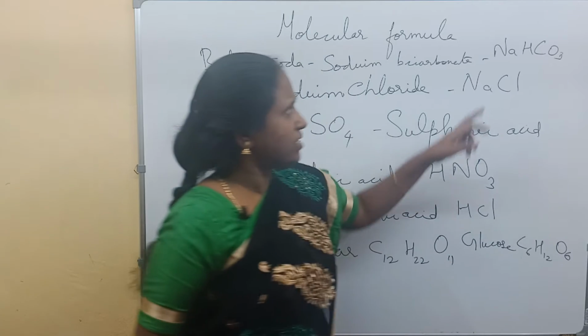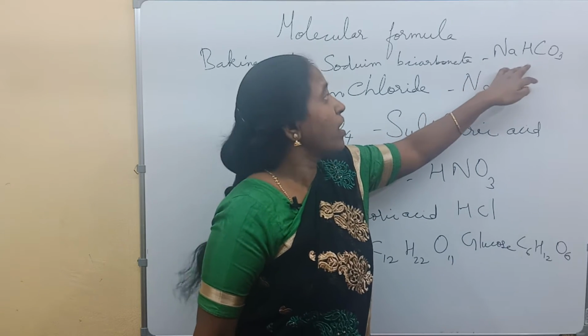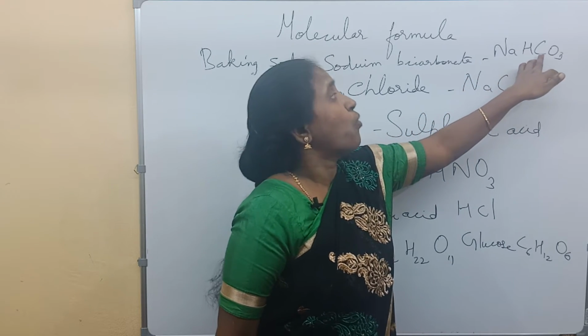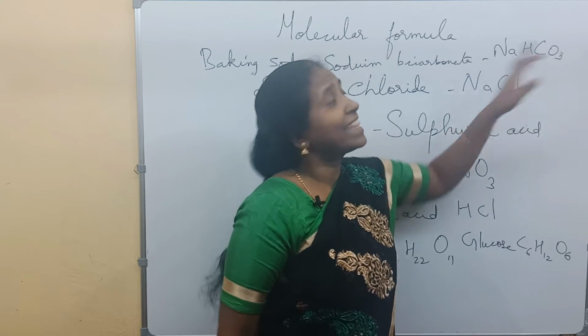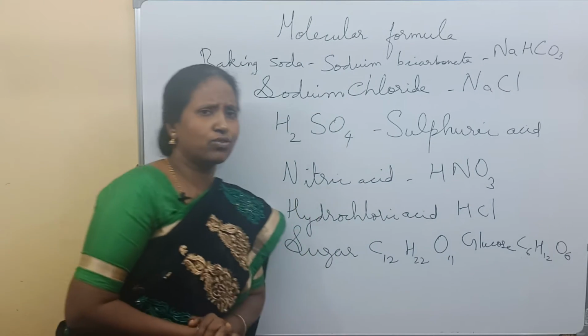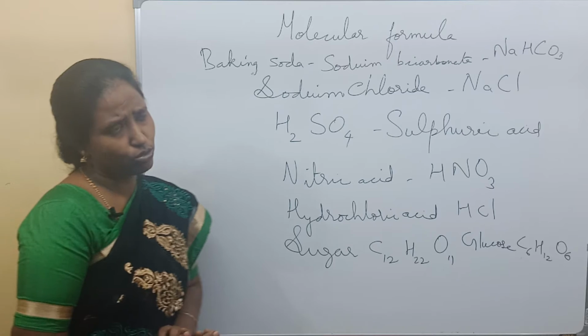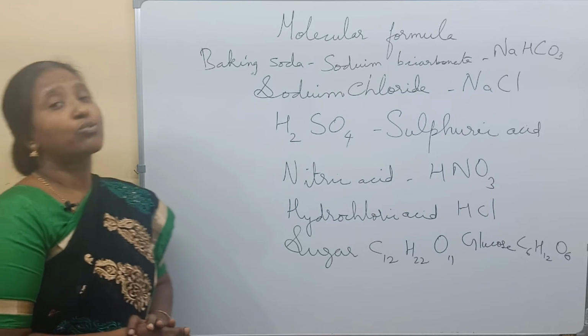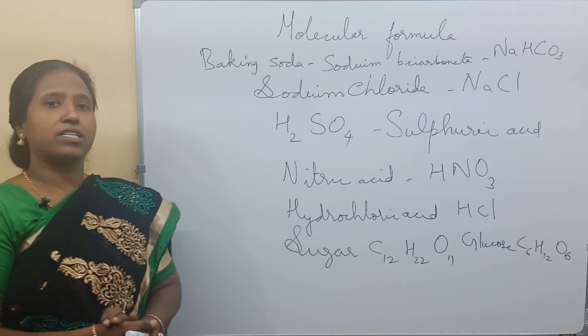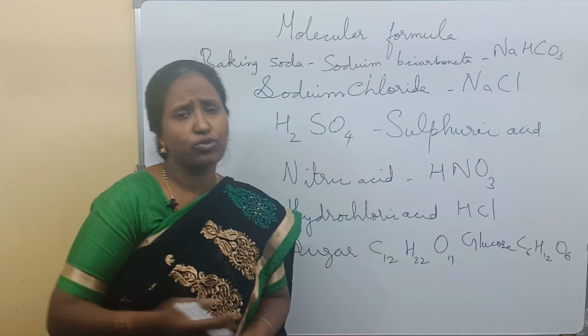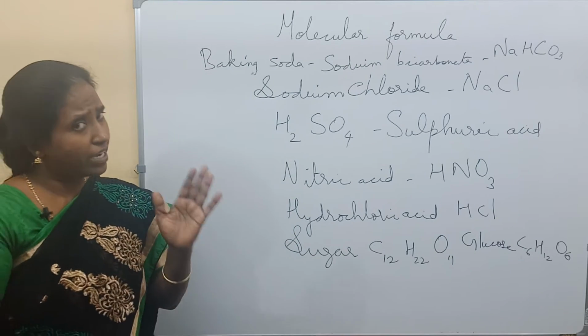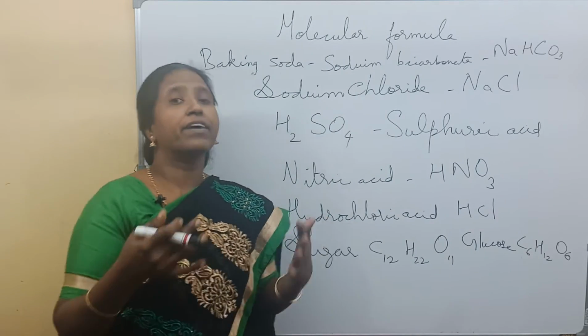That is 1 atom of sodium, 1 atom of hydrogen, 1 atom of carbon and 3 atoms of oxygen. Then washing soda is sodium carbonate, Na2CO3. In your textbook you have a tabular column in which there are the common names.